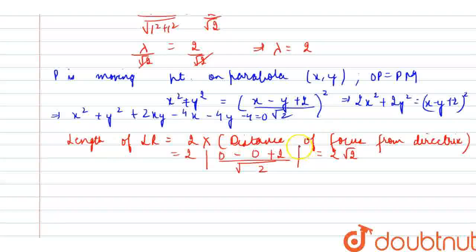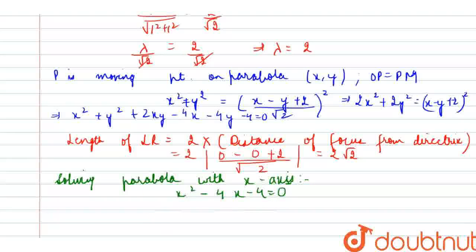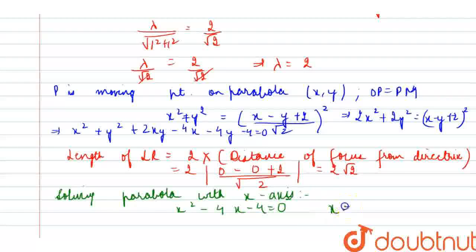Now solving the parabola with the x-axis, what I get is x square minus 4x minus 4 is equal to 0. Using the quadratic formula, I can write x is equal to 4 plus minus under root of 32 upon 2, which is ultimately equal to 2 plus minus 2 root 2.